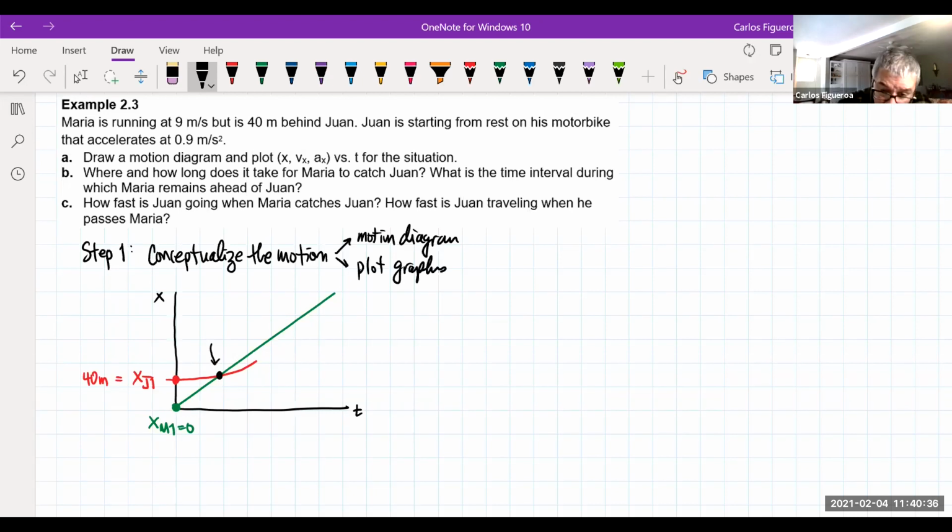And what I want you to realize is that Maria passes Juan right here. Why does Maria pass Juan? Because Maria has a steeper slope. She has a steeper slope than Juan, so therefore she is moving faster.